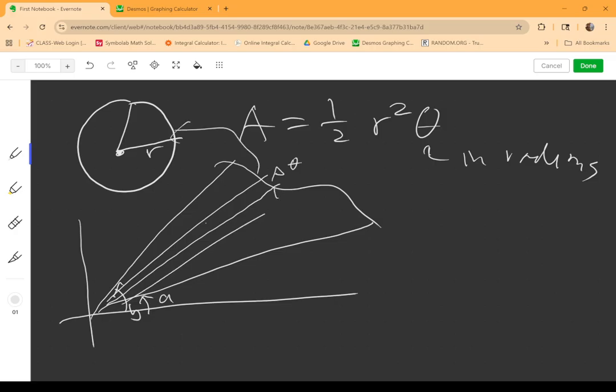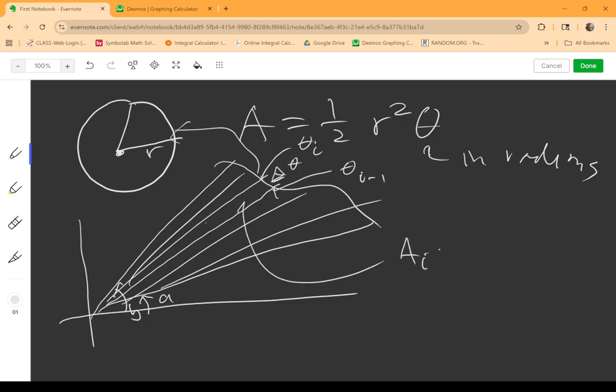If we partition it, calling this theta i minus 1 and this one theta i, we can calculate the area of this ith region to be approximately 1/2 using the area formula, where the r is actually a function of theta in polar coordinates, f of theta sub i star, squared, and then delta theta, the thickness of that sector. Okay? So that's the idea behind it.